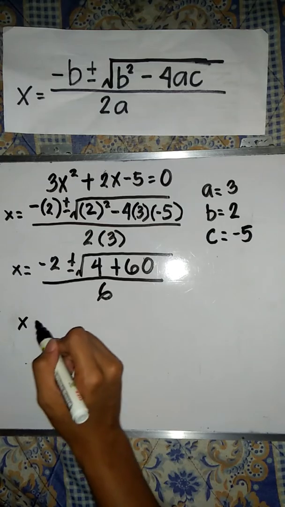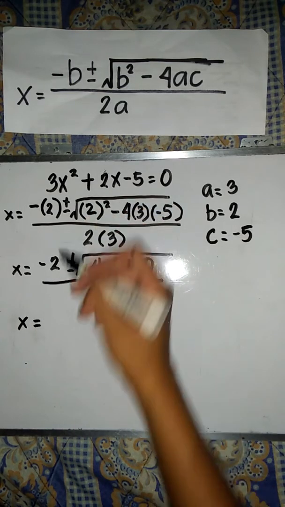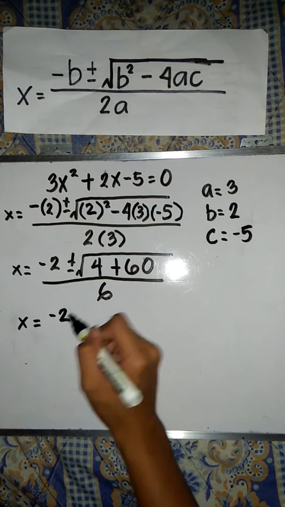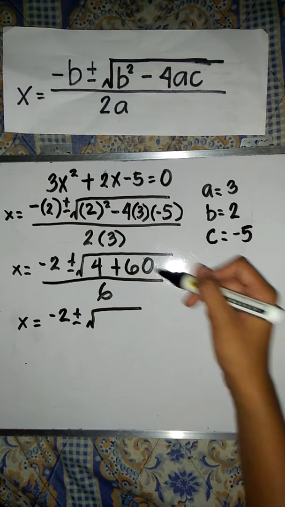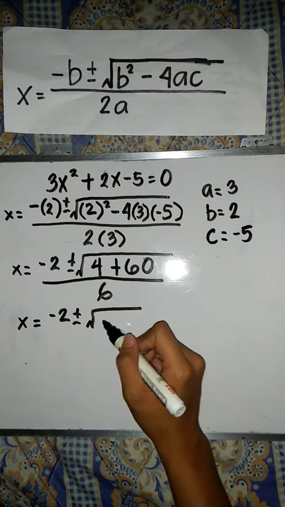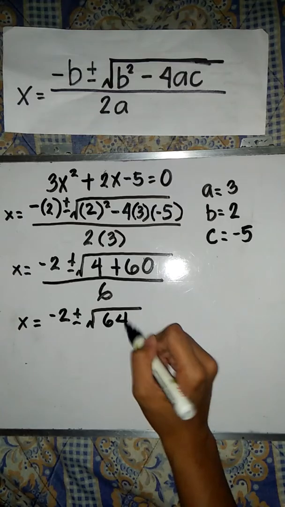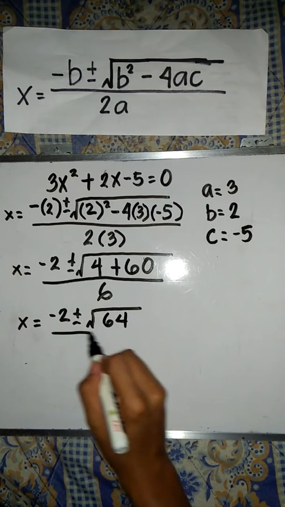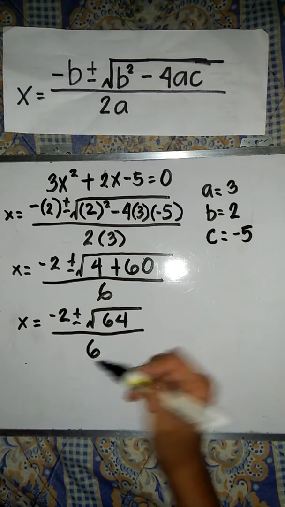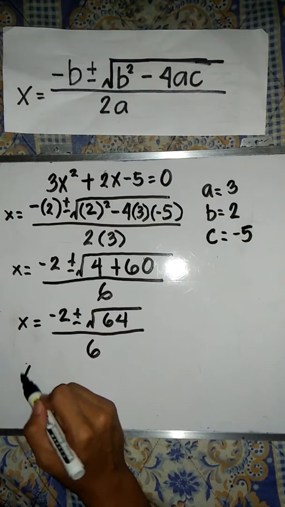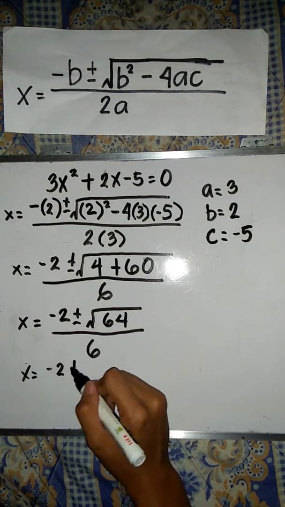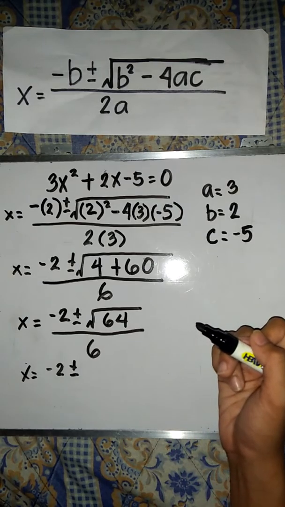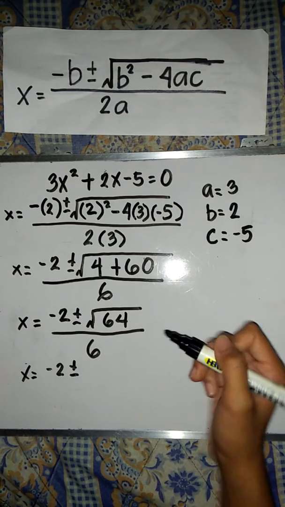So x is equal to negative 2 plus or minus square root of 4 plus 60, which is 64, all over 6. So x is equal to negative 2 plus or minus the square root of 64, which is 8.